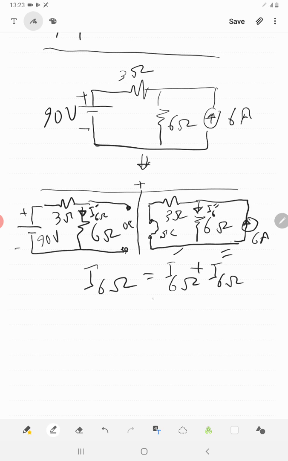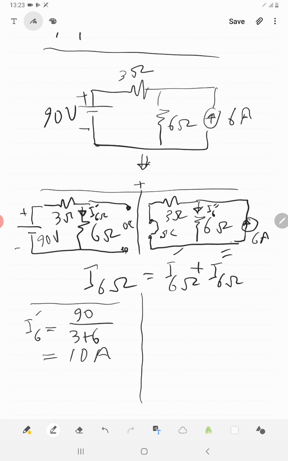So we solve each circuit individually. I6 prime is simply 90 divided by 3 plus 6, because the 3 and the 6 are connected in series, so that will give you 10 amps.